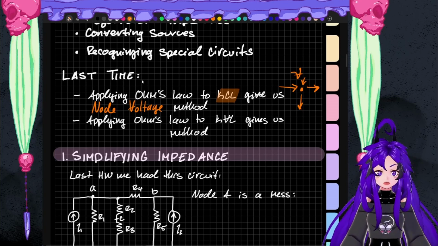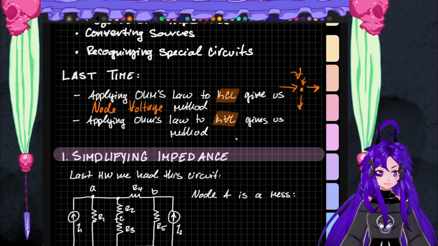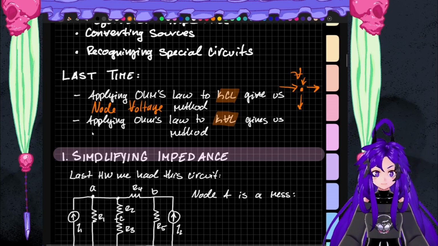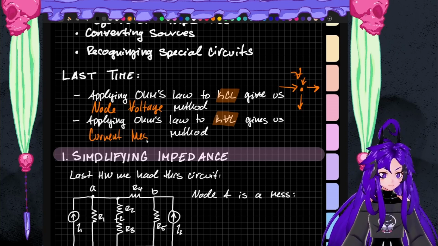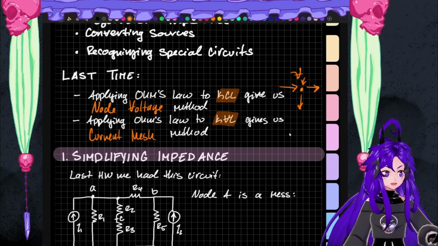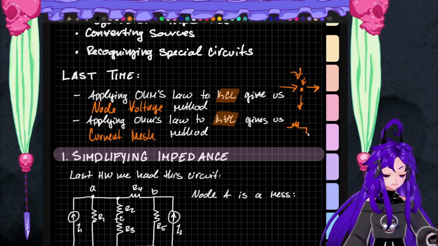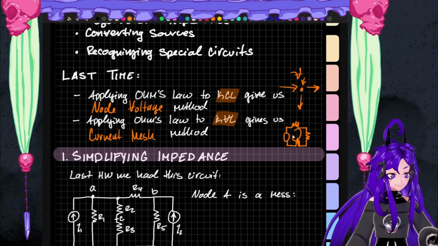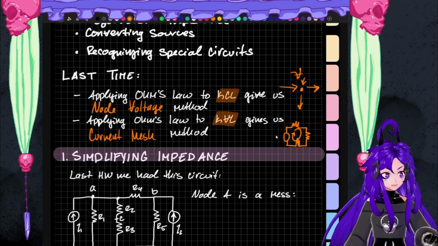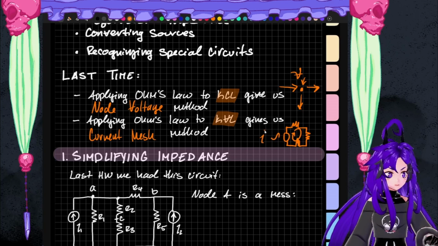And we also looked at how applying Ohm's law to Kirchhoff's voltage law gives us the mesh current method. That's the one where we look at all the different device voltages, so the voltages across various different devices in a single loop, and we see how they relate through current.